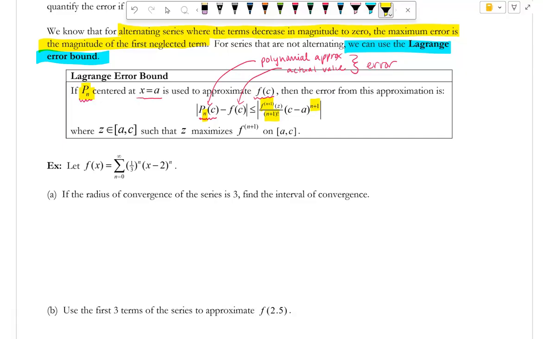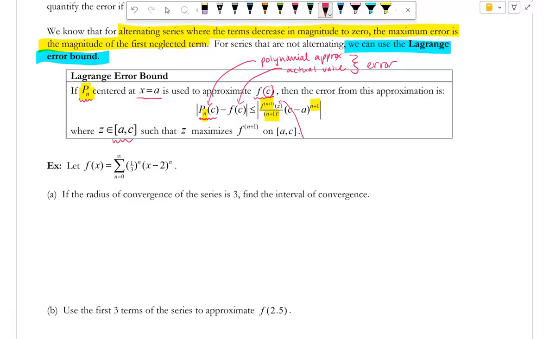A small difference is that we're not evaluating the n plus 1 derivative at a specific point. We're evaluating it at z, and z is some number. This z is going to be some number between the center and where we're using it, so our actual function value, I should say.